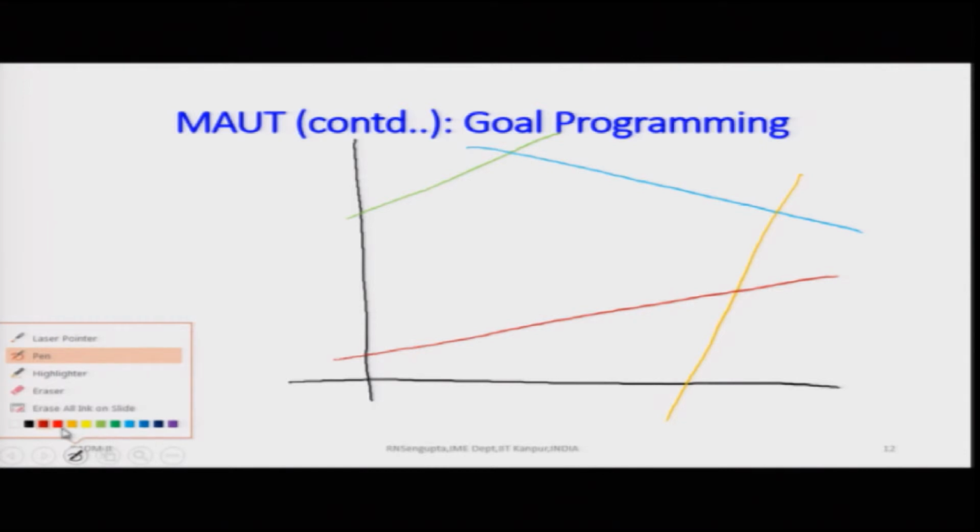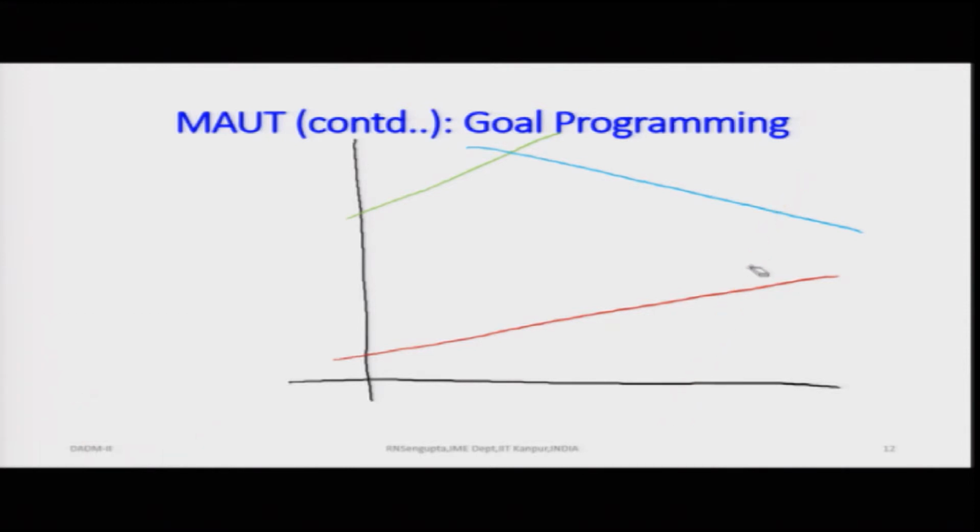Now, let me use another color, it will be easier for me. I will use the objective function with a black line, because the constraints have been given with different colors. So, this is the, just drawing the boundary.